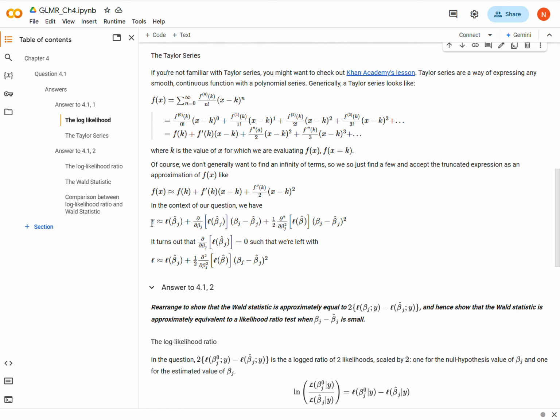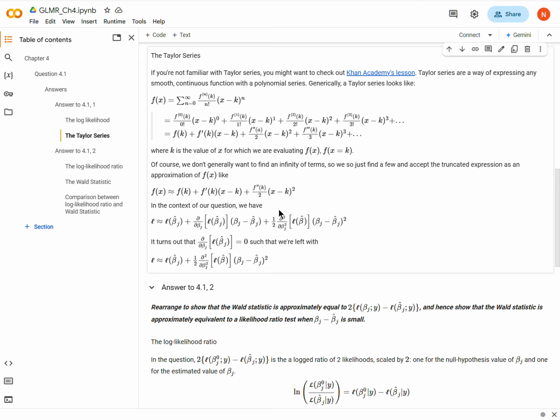But just rush us to the answer here, that the log likelihood Taylor series expansion is approximately equal to the log likelihood at beta hat plus the first derivative of the log likelihood at beta hat times the difference between beta and beta hat, and then 1/2 of the second derivative of the log likelihood at beta hat times the squared difference between beta and beta hat.